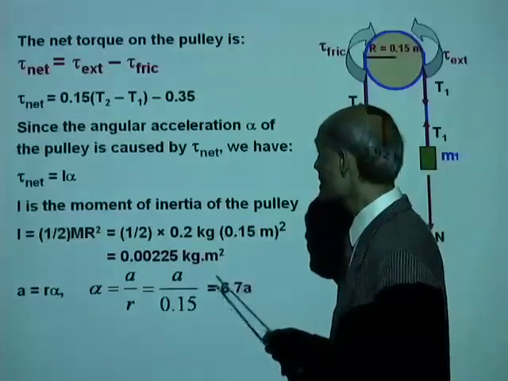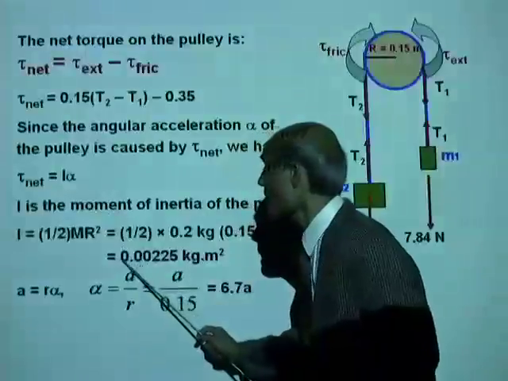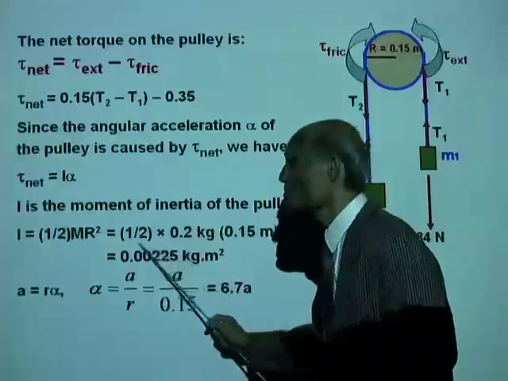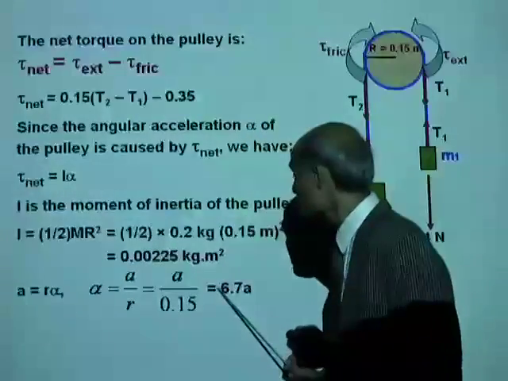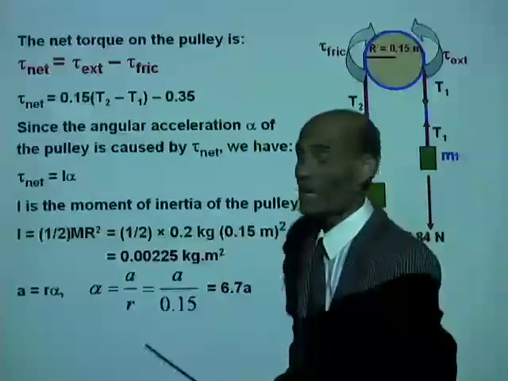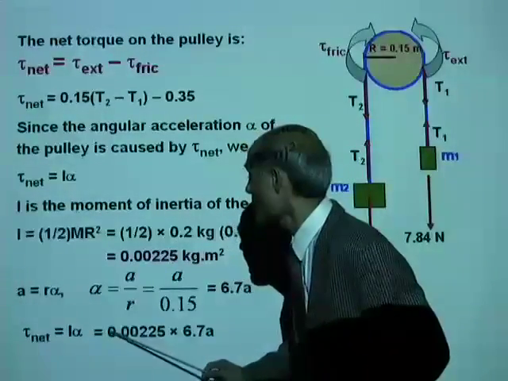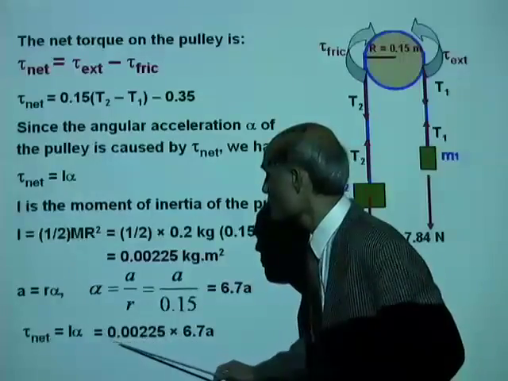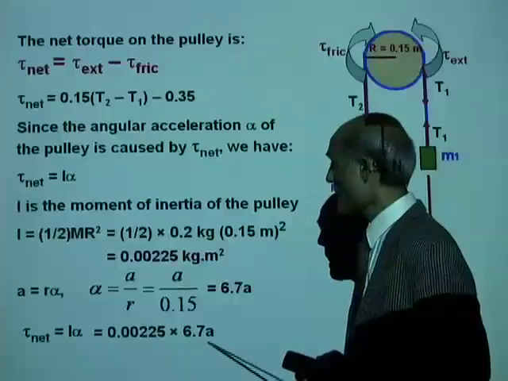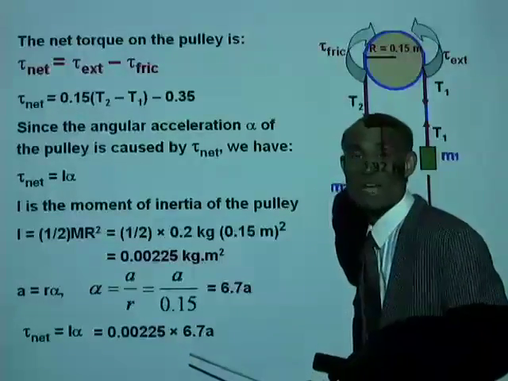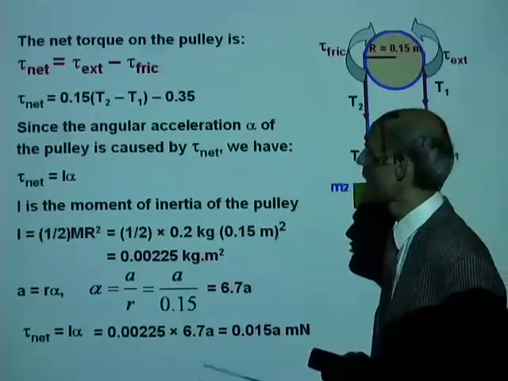That is 6.7 a. And look at this. I have the value of I as 0.00225 kilogram meter squared, and alpha equal to 6.7 a. Therefore, what is net torque? Equal to I alpha, and that is 0.015 a.